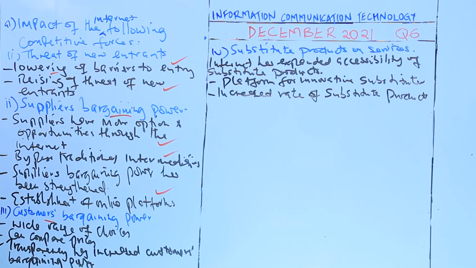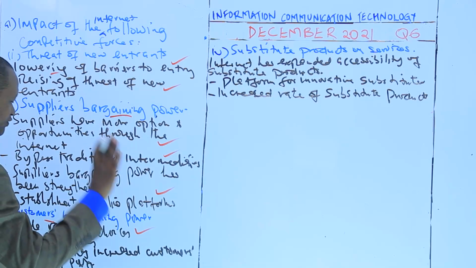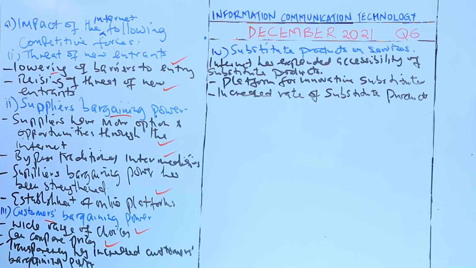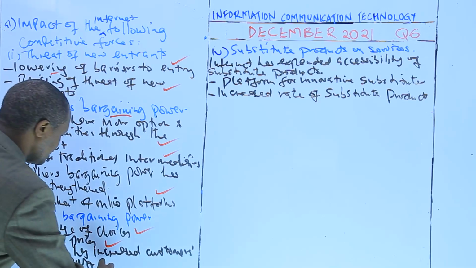Customers today have a wider range of choices. They can compare prices online, quality. They can have reviews before purchasing any product. There is increased access to information, which has led to transparency that has increased customers' bargaining power.